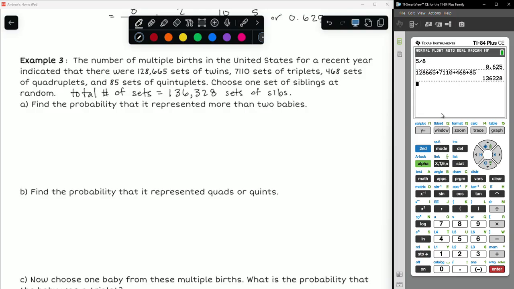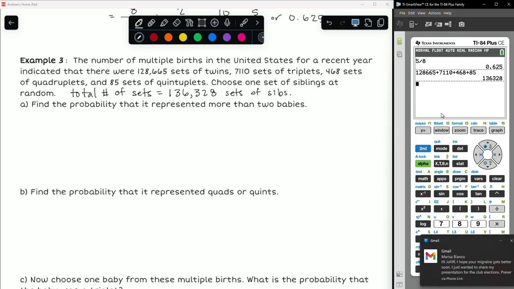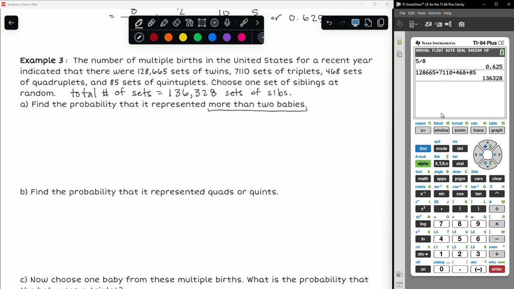And finding the probability that it represents more than 2, in this case, more than 2 means 3 or 4 or 5, because I only have 4 options: twins, triplets, quadruplets, quintuplets. So more than 2 is 3, 4, or 5.